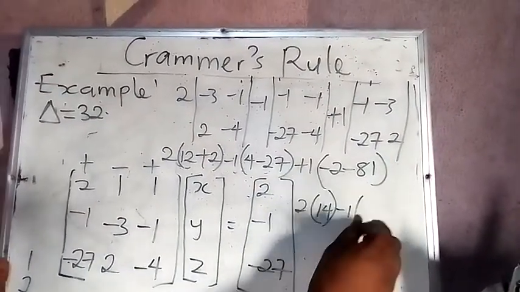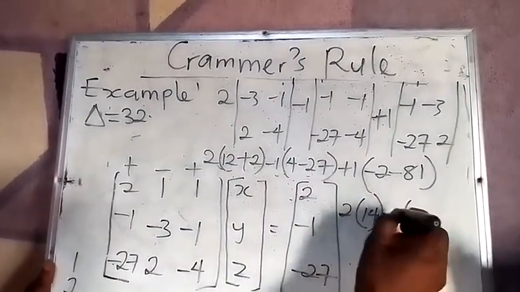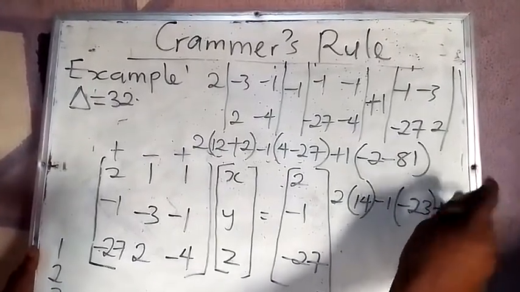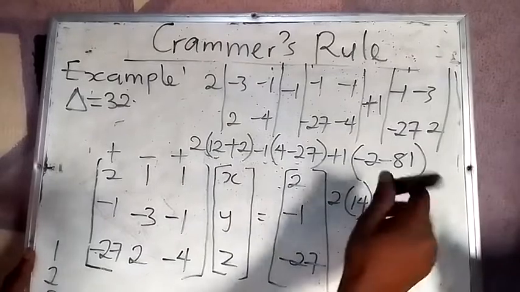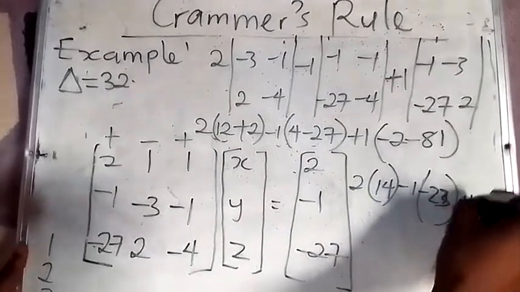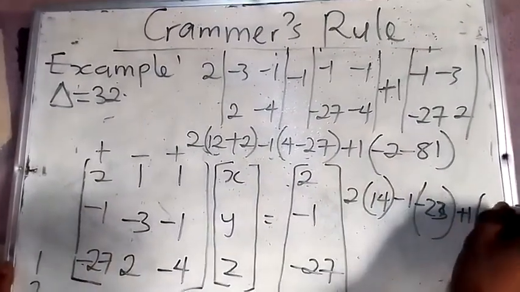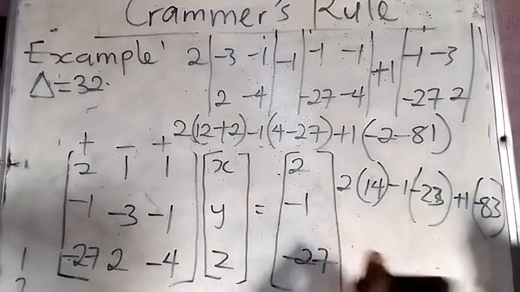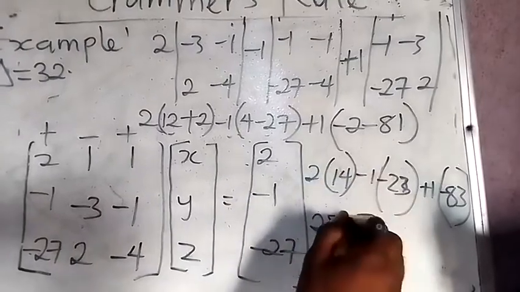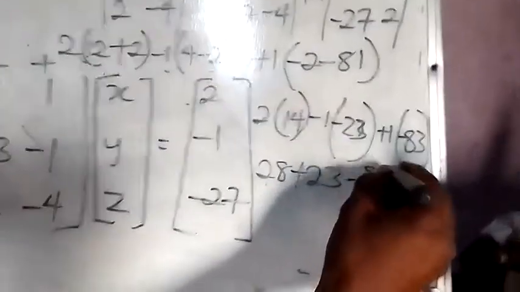So that means 2 open bracket, 12 plus 2, that is 14. Minus 1 into bracket, 4 minus 27, that is minus 23. Plus 1, minus 2 minus 81, that is minus 83. So 2 times 14 is 28. Minus and minus is plus, 23, plus and minus 83.